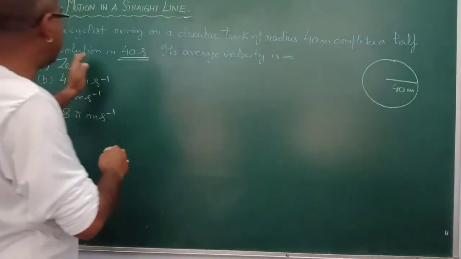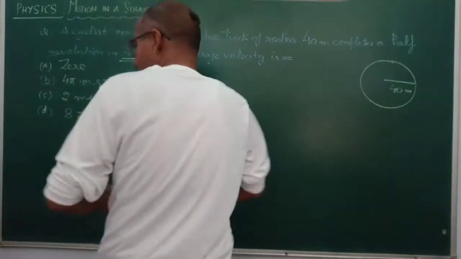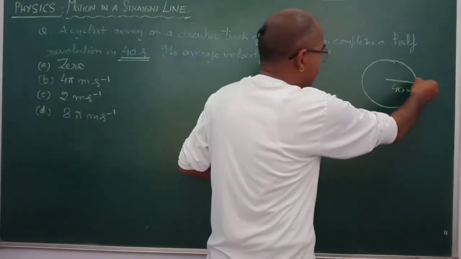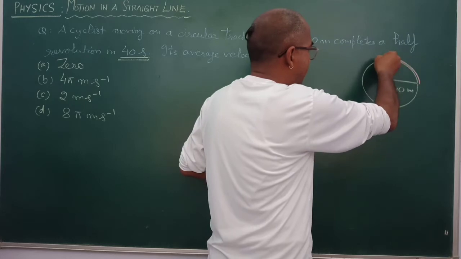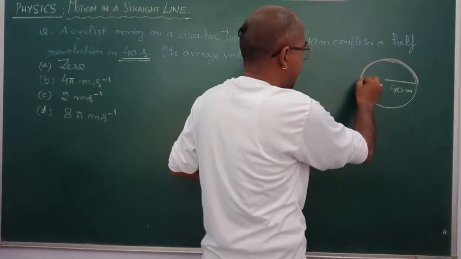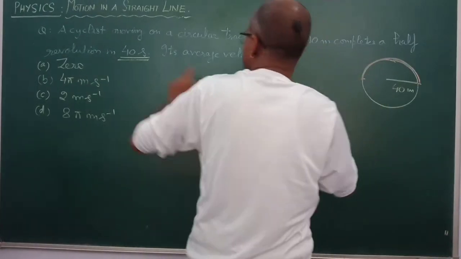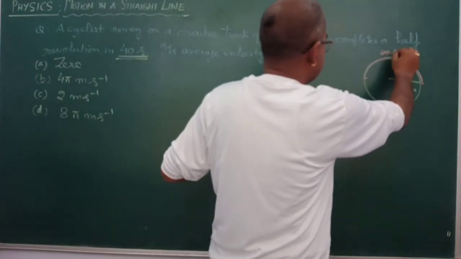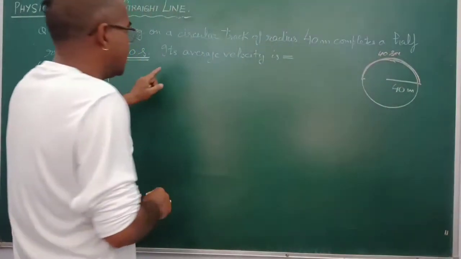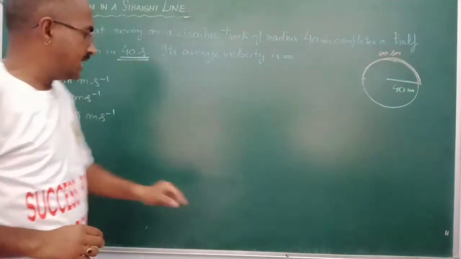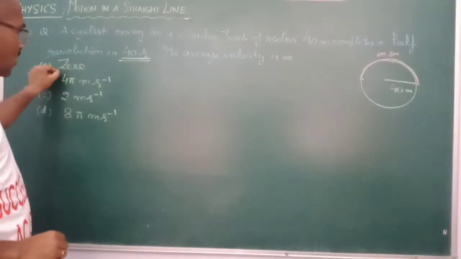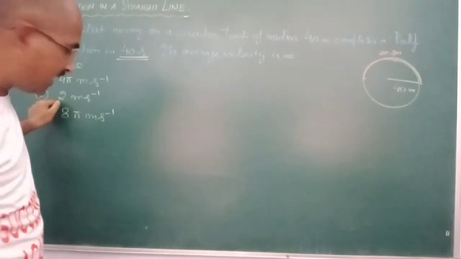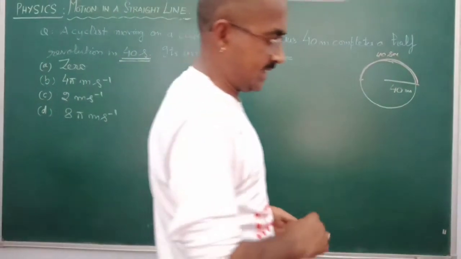It completes half of the revolution in 40 seconds. Half of the revolution means he completes from here to here itself. He takes 40 seconds for it. Now its average velocity is, and they have given you the options 0, 4 pi meter per second, 2 pi meter per second and 8 pi meter per second.